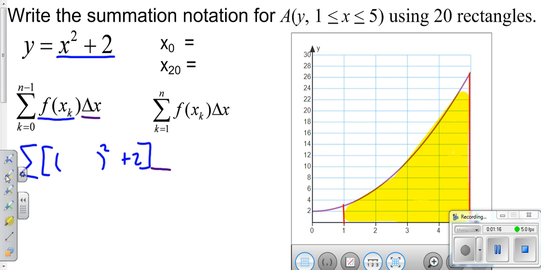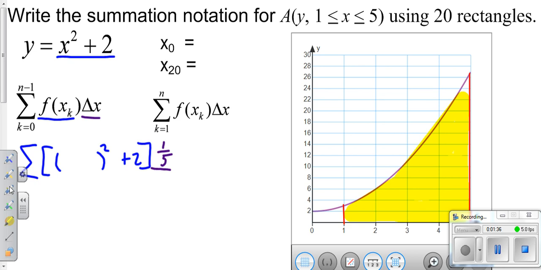Now, our width, in this case, we're going from 1 up to 5, which is a width of 4, dividing it into 20 equal parts. So 4 divided by 20 reduces down to 1/5.